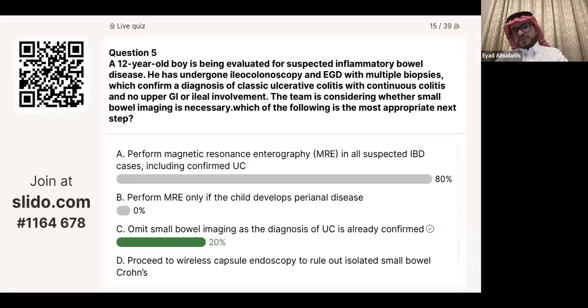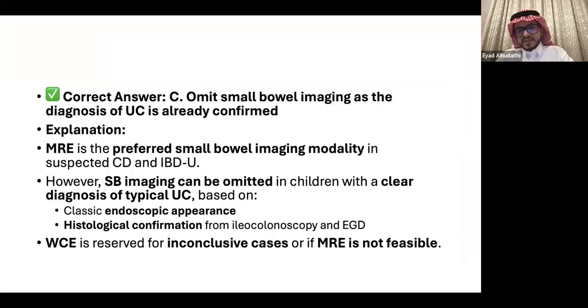So most of you have chosen the first choice, and we will come to that. So the correct answer is C, omit small bowel imaging as the diagnosis of UC is already confirmed. So MRE is the preferred small bowel imaging modality in suspected Crohn's disease and IBDU, but not classic or typical UC.